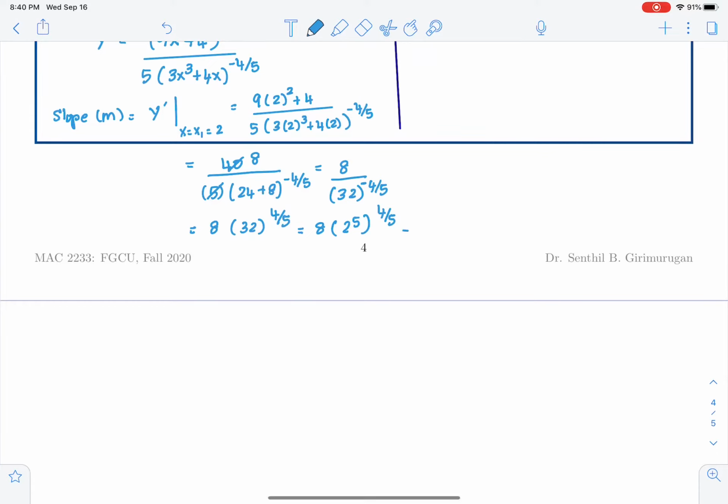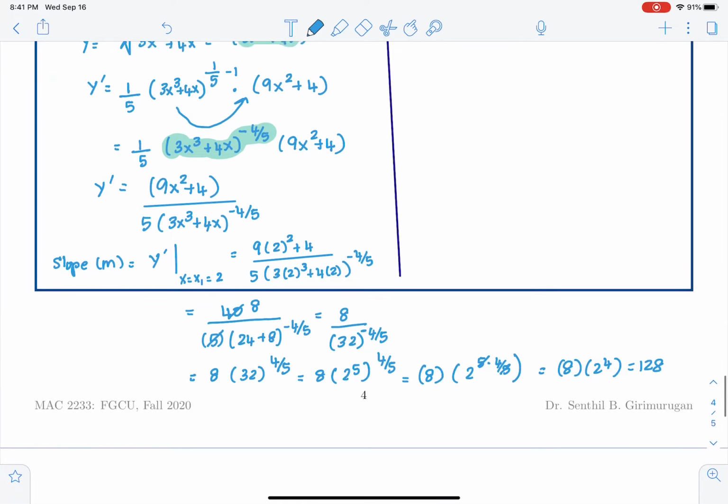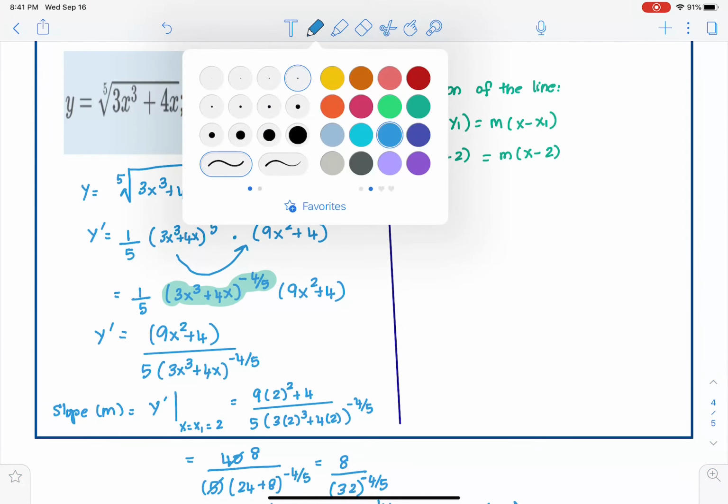And using the properties of exponents, I could write 2 raised to 5 raised to 4 over 5 as 2 raised to 5 times 4 over 5. Those two would go away and we would have 8 times 2 raised to 4, which is 128. So the slope m is 128.